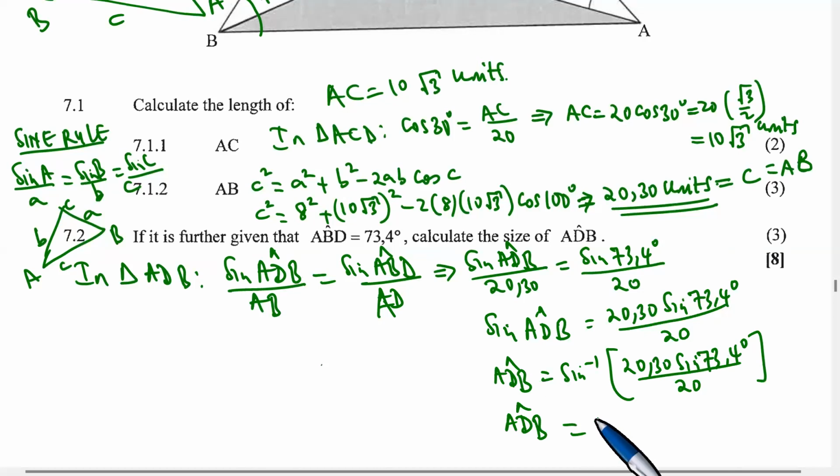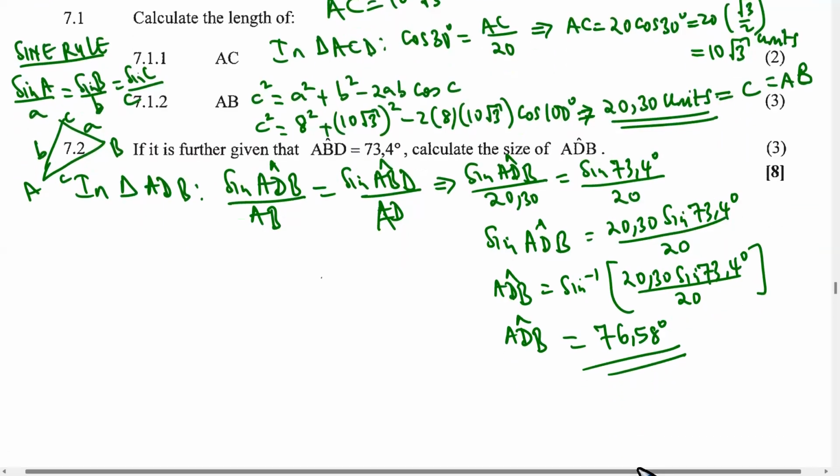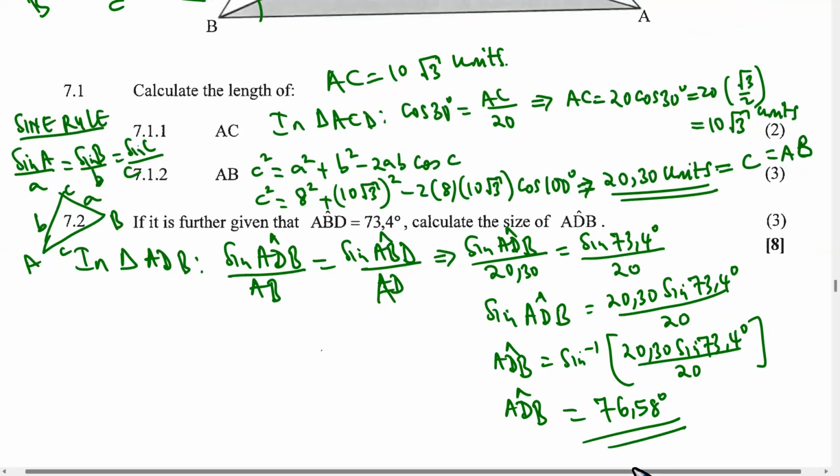ADB becomes the same as 76,58 degrees. So that is the answer. ADB is 76,58 degrees.